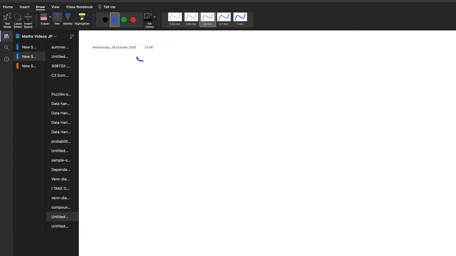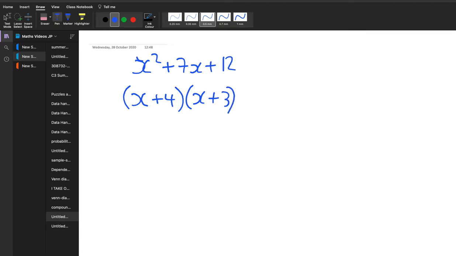If you have, say, x squared plus 7x plus 12, it's kind of simple. You find two numbers that multiply to give 12 and add to give 7. That's going to be 4 and 3, because 4 times 3 gives you 12 and 4 plus 3 gives you 7.